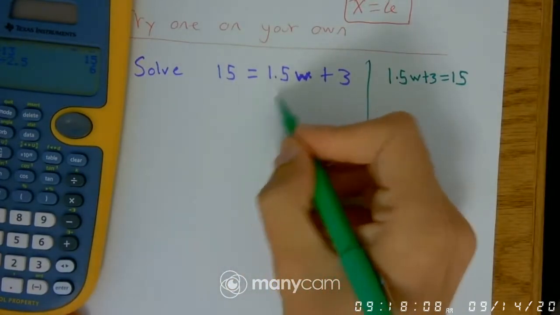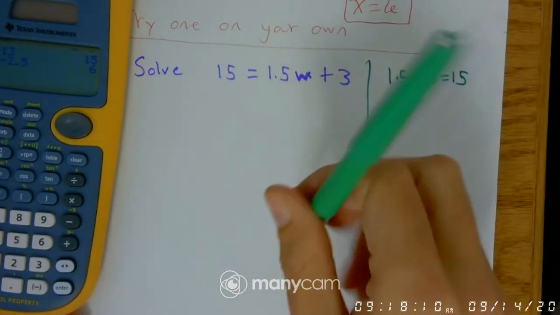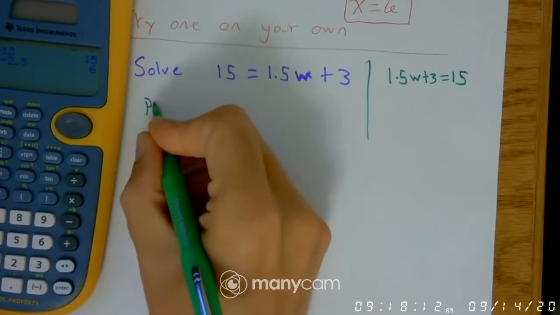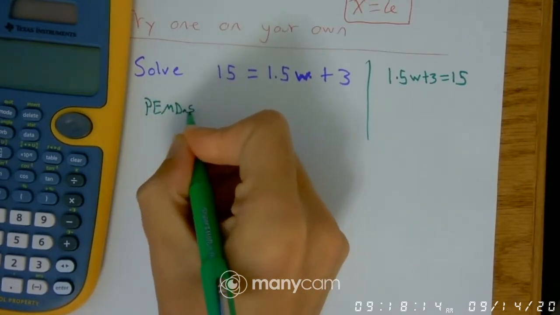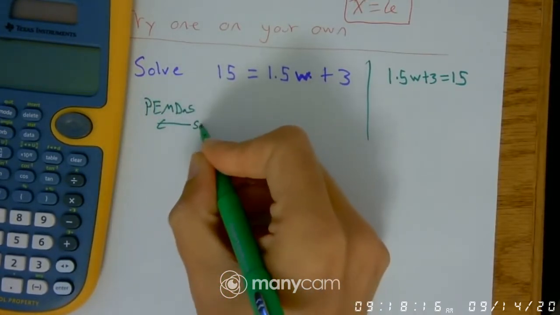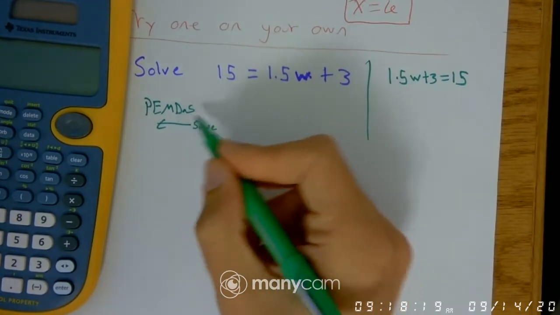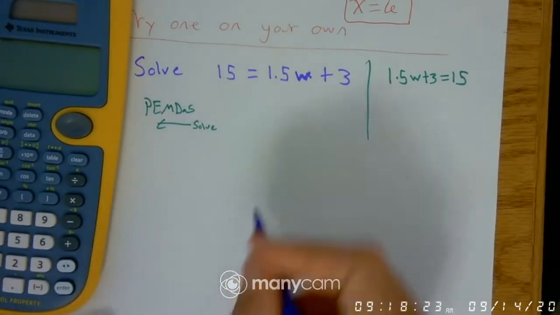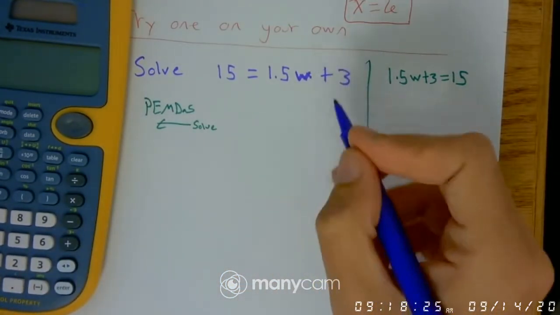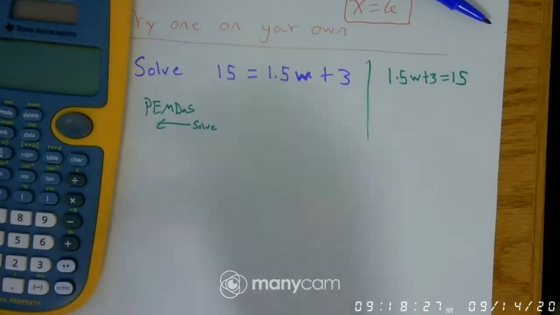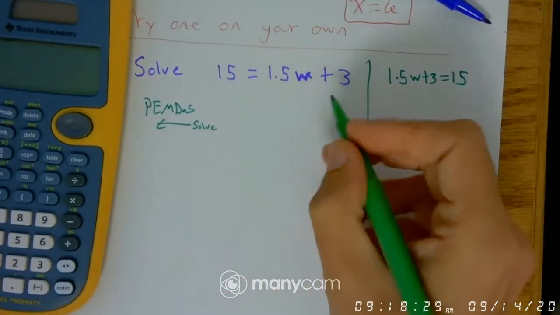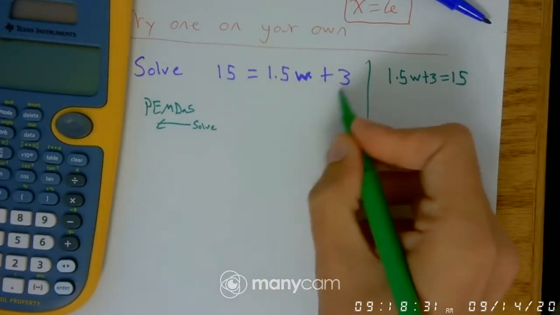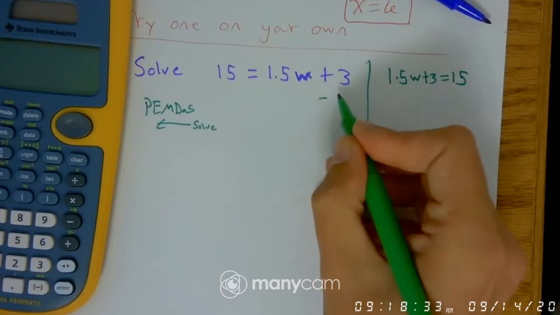So going through here, again, I'm going to have two steps. I want to do PEMDAS backwards. Now, I do want to say that you don't technically have to follow PEMDAS backwards, but it always works if you do, okay? So to solve this, I'm going to start with addition subtraction. So it says plus 3, the opposite of plus is minus.